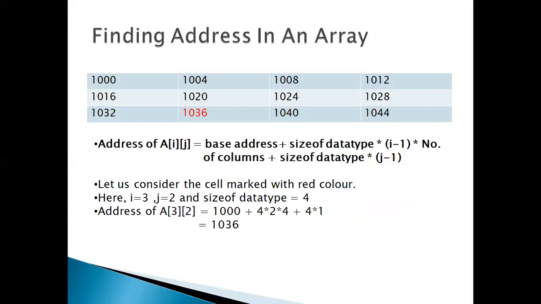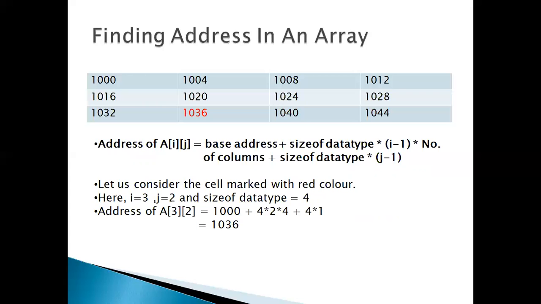Let us consider an example. Let us consider the cell marked with red color. Here i is equal to 3 since it is present in the third row, and j equal to 2 since it is present in the second column. The size of data type is 4. As we can see, when we move from one cell to another, the address increases by 4. This specifies that the size of the data type is 4.